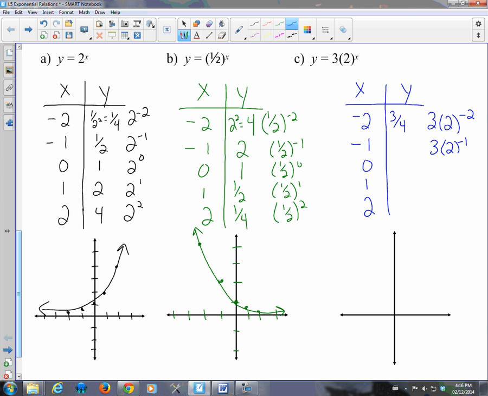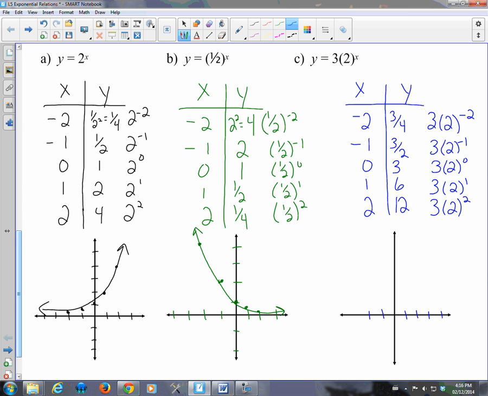So 3 times a half would be 3/2, or 1.5. 3 times 2 to the 0. 2 to the 0 is 1. So 1 times 3 would be 3. Then 2 to the 1 is 2, and 2 times 3 would be 6. And the last one, 2 to the exponent 2 is 4, and 4 times 3 is 12.